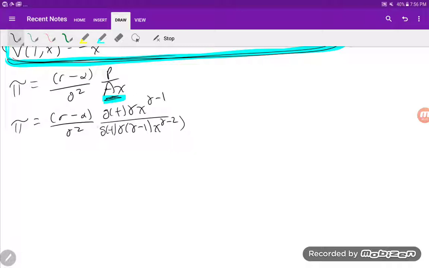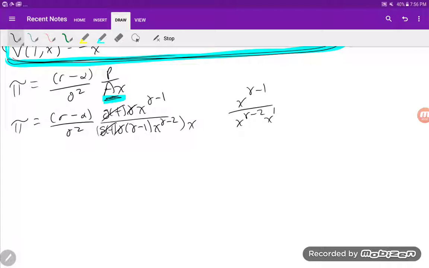And then all this is multiplied by x. All right, so obviously the g's cancel, the gammas cancel. What is x to the gamma minus 1 over x to the gamma minus 2 times x?